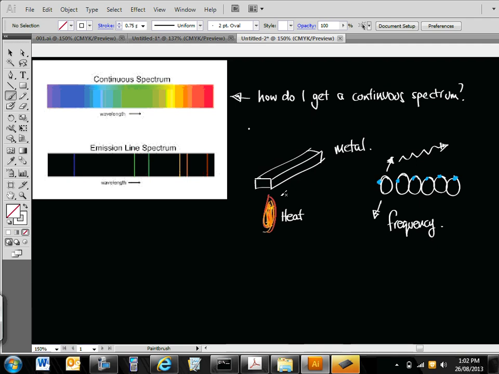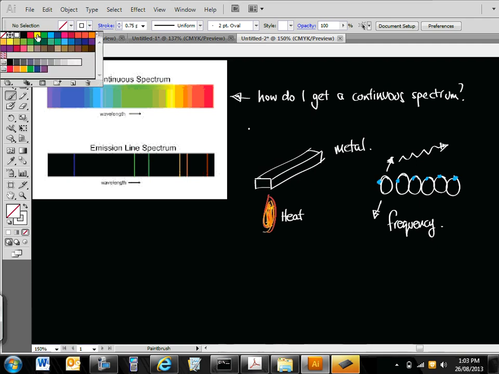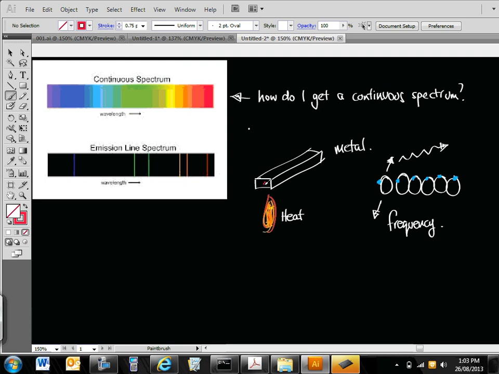If I add a little bit more heat in a certain area, I'm going to make it start to glow very deep red first, okay? And as I add more heat, it's going to become brighter and brighter into the oranges and yellows, and eventually white if it doesn't melt, okay? And all these atoms dissociate, but eventually white light.